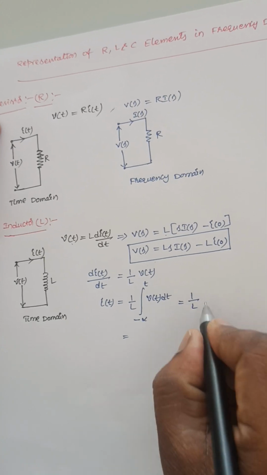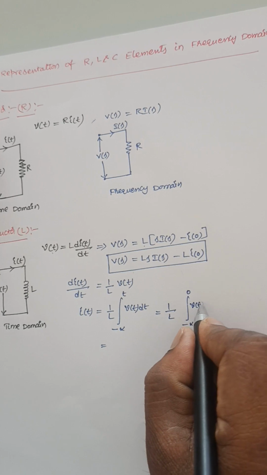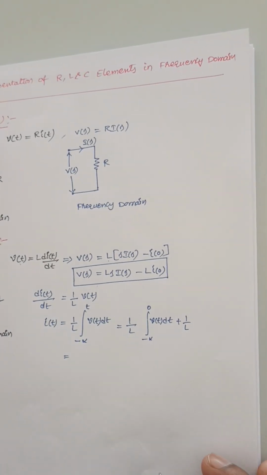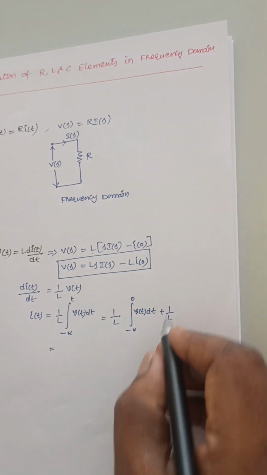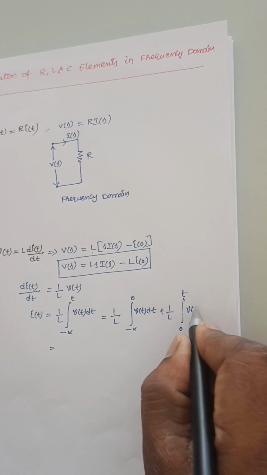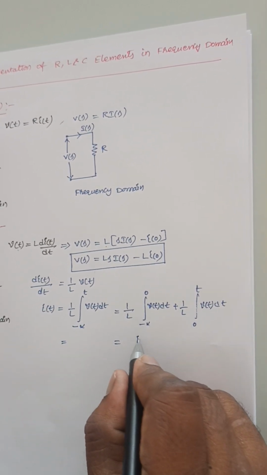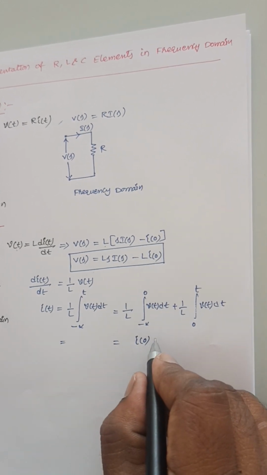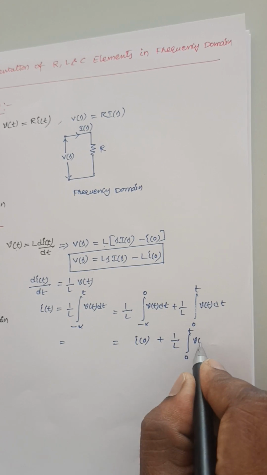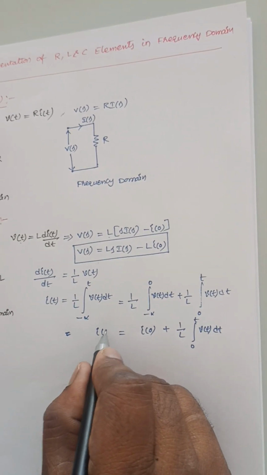So that is 1 by L into integral minus infinity to 0 V of t dt plus 1 by L into integral 0 to t V of t dt. So this value is nothing but I of 0, initial current, plus 1 by L into integral 0 to t V of t dt. So this is the expression for I of t.